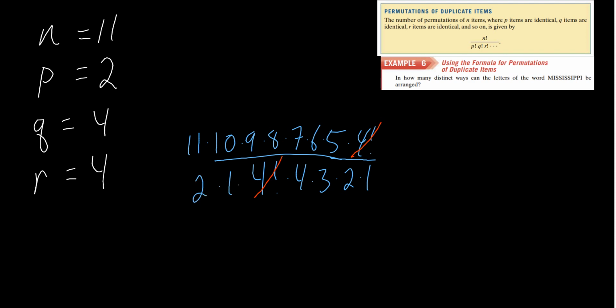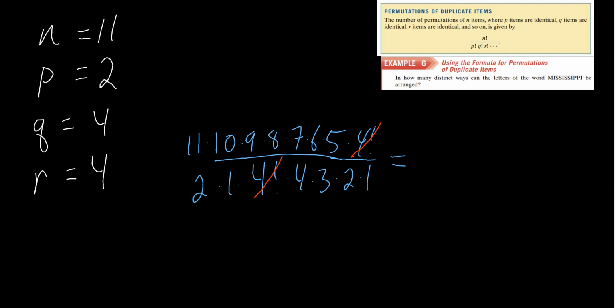Okay. So doing all this, 11 times 10 times 9 times 8 times 7 times 6 times 5. That's in my numerator, and then my denominator is going to be 2 times 1. Didn't put a division sign, hang on. 2 times 1 times 4 times 3 times 2 times 1.